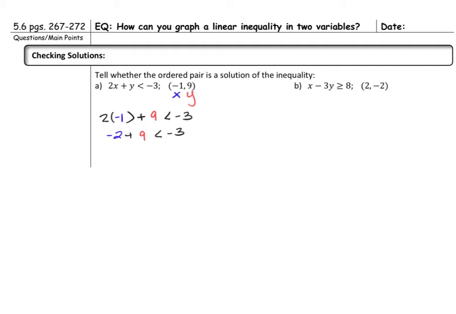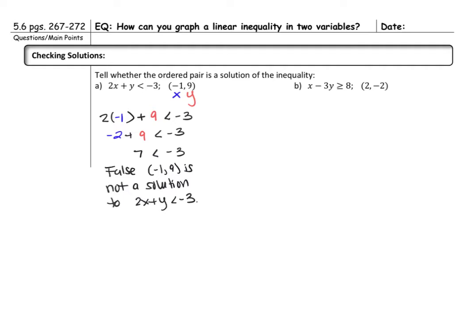So we end up with 7 is less than -3. This is actually a false statement because 7 is not less than -3. 7 is greater than -3. So because this is false, that means that (-1, 9) is not a solution to 2x plus y is less than -3.